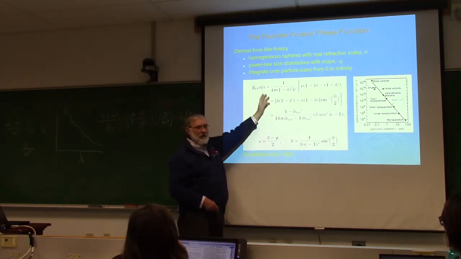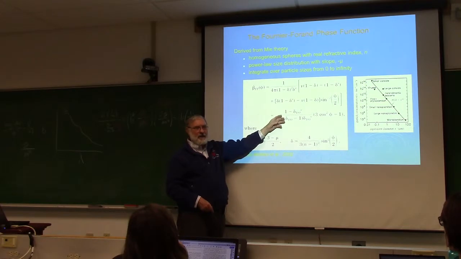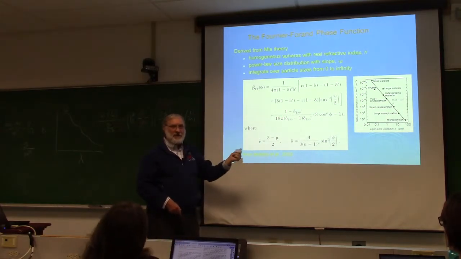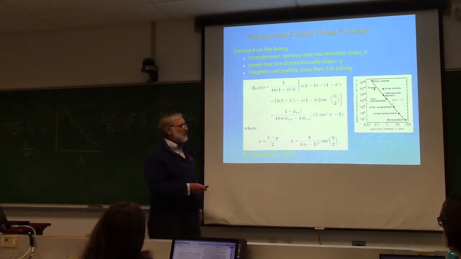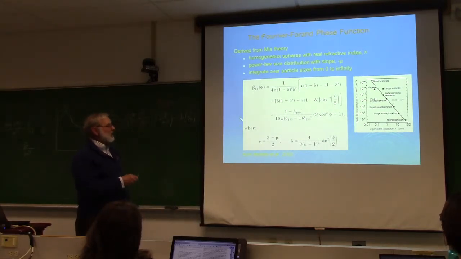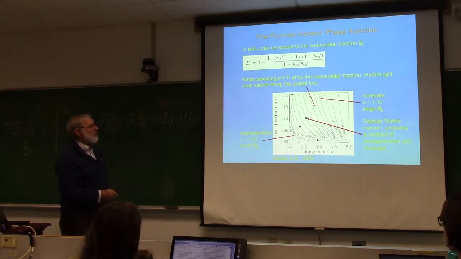And as far as I know, no one on earth can understand how he did this, but it's obviously correct because it does a really good job of fitting things like the Petzold data. So anyway, this is now used like a standard thing in HydroLight. You say, I want a Fournier-Forand phase function with 2% backscatter, and it does the math for you.